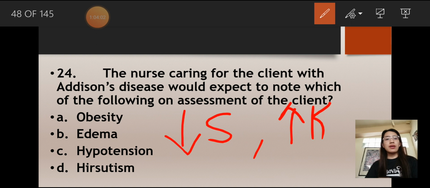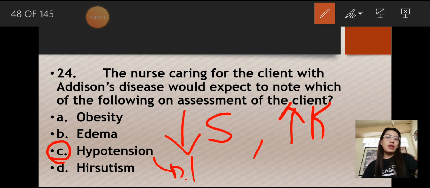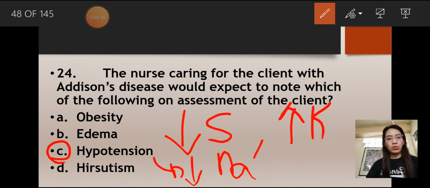So, is it A? Obese ba sila? Sinong obese? Cushing. Edema? Cushing. Hypotension. It is your Addison. Hirsutism, Cushing din yan. Kasi pag Addison dapat alopecia. So, hypotension because of the low sodium. Pag mababa ang sodium, mababa ang tubig. Pag mababa ang tubig, mababa ang BP.